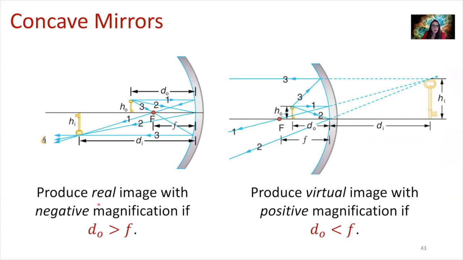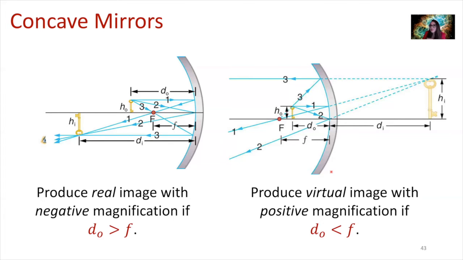Concave mirrors will produce real images with a negative magnification if the object is located at a distance away from the mirror that's greater than the focal length. Here our object is sitting at a distance greater than the focal length away from the mirror, and so we're going to have a real image which is on the same side of the mirror as the object. If something has a negative magnification, that means that image is inverted. It's upside down compared to our original object, okay?